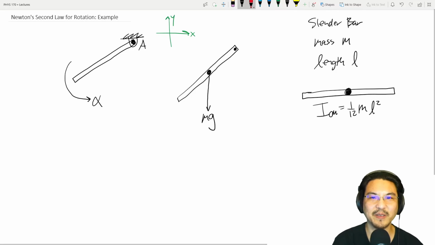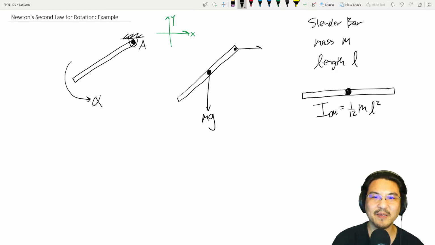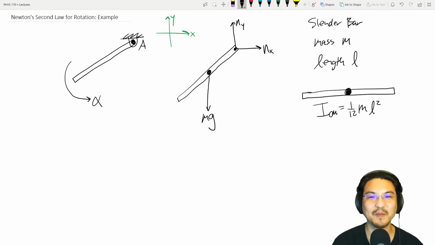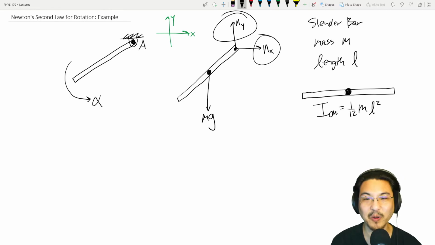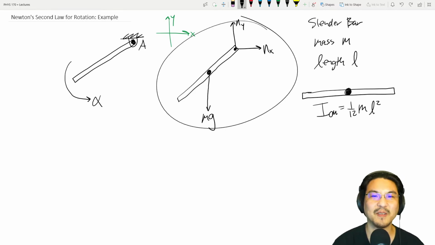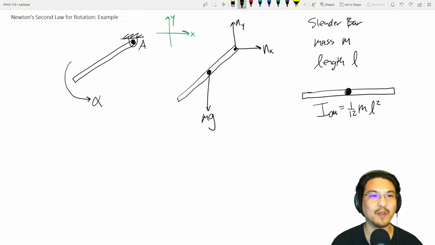I'll say there's some x component of the normal force and some y component of the normal force. I'm not sure which way it is actually pointing, so I just broke it into two components. So there's the free body diagram of the pendulum.